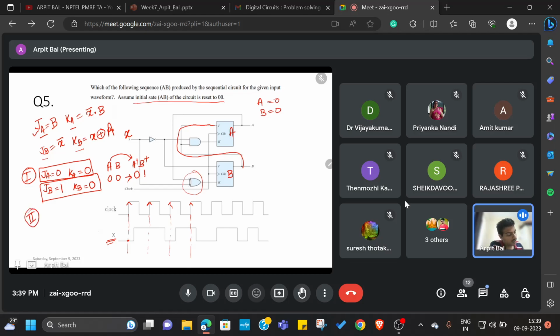Okay, so now for the second clock. I'm just denoting the clock pulses here. So what is going to be JA and KA for this case, and JB and KB for this case?